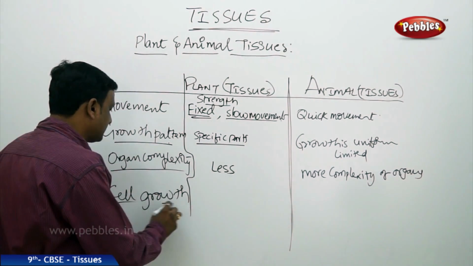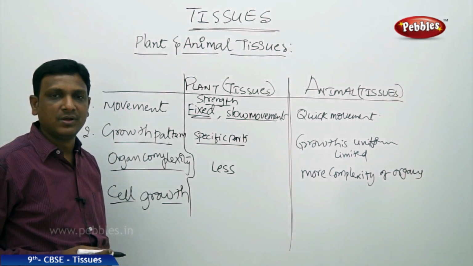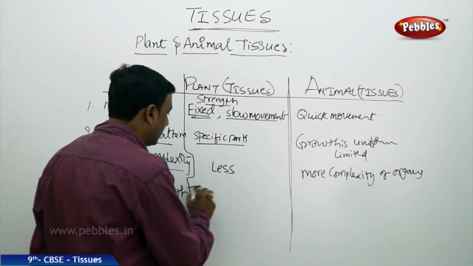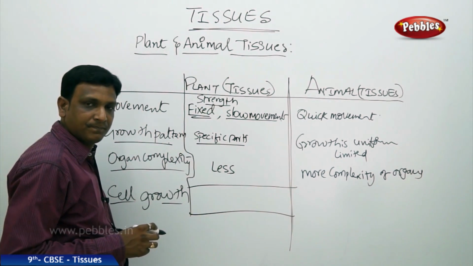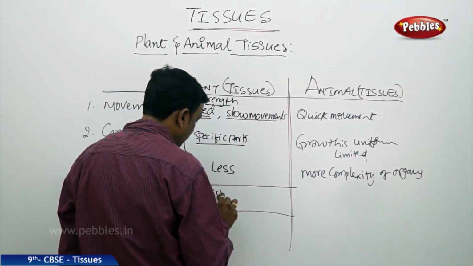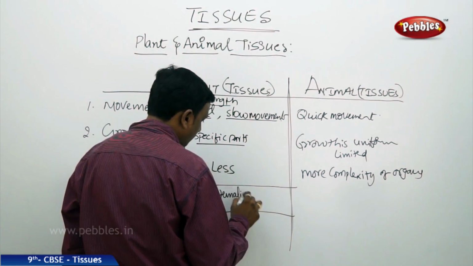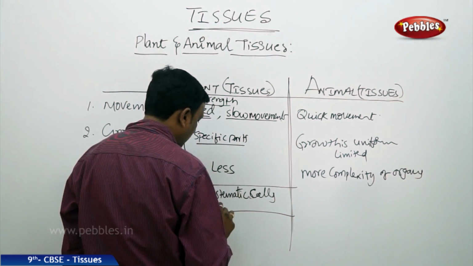The other thing is cell growth, growth of cells. The growth of cells is also varied. Here the growth of cells in plants, as I told, is localized to certain parts. Growing cells are called meristematic cells, and other cells are called permanent tissue.